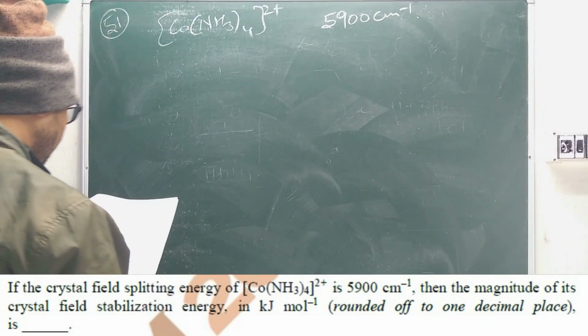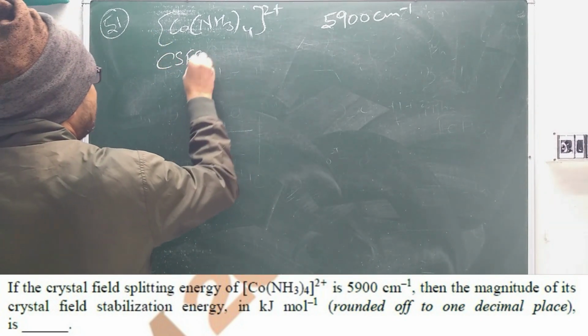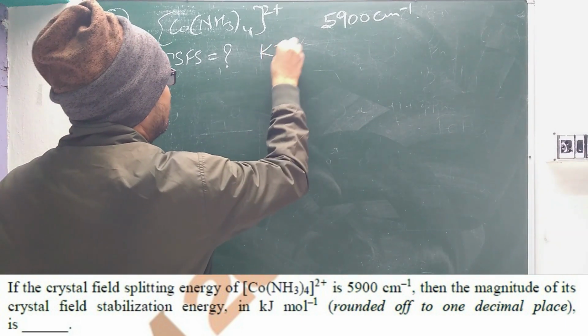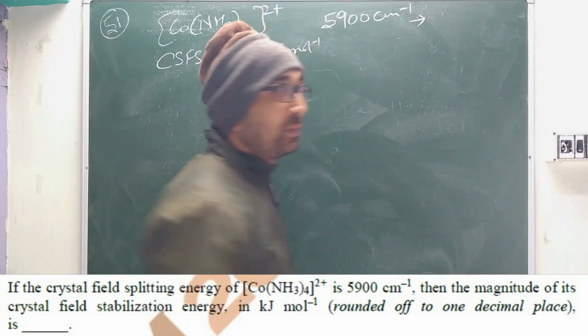Then the magnitude of its crystal field stabilization energy. So it is asking CFSE, right? And it is asking in kilojoule per mole.